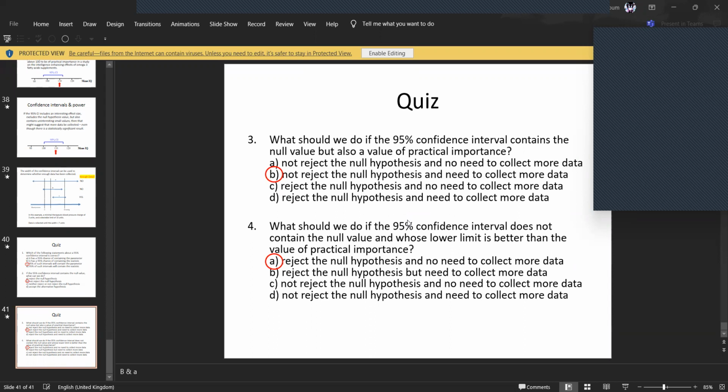And the lower limit of the confidence interval is better than practical importance, so the confidence interval doesn't touch the value of practical importance. And so your study was successful. You both proved statistical significance and proved that there is a significant effect size, that it has practical importance. And that's why the answer here is A.